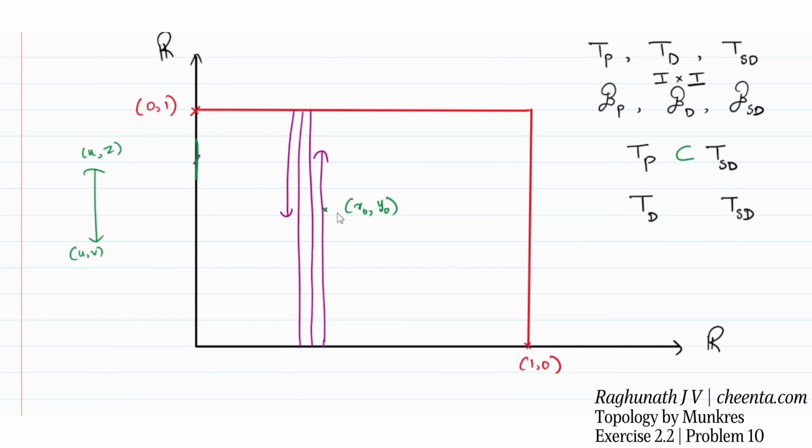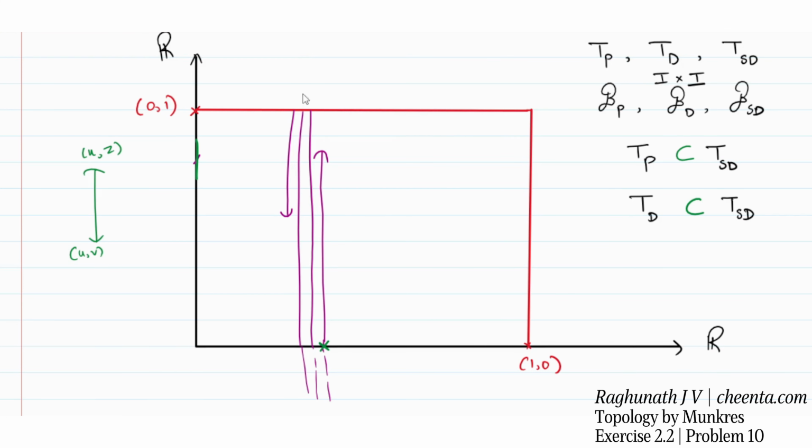But in any case, if you take whatever point, this is also a basis element in B_SD, the same violet thing, because you just have to consider the corresponding basis element in R cross R, and it just extends till infinity, and you just find the intersection with this red box, which means this is also a basis element in B_SD. So I can say that T_SD is finer than T_D.